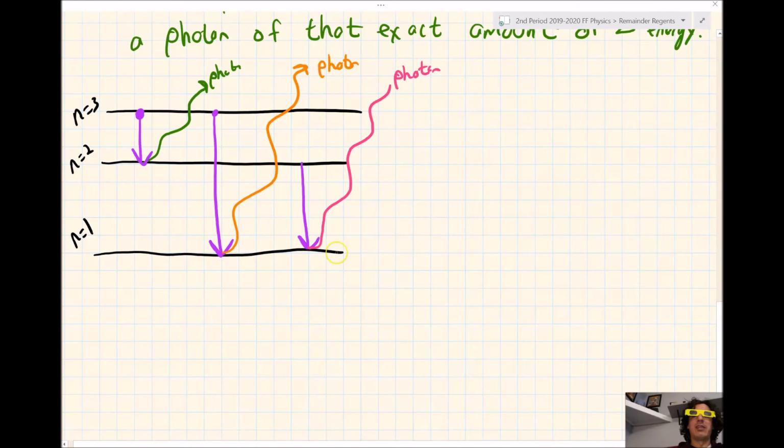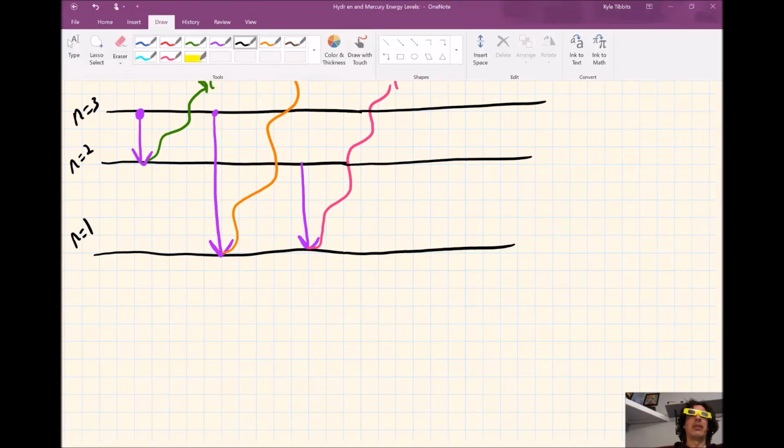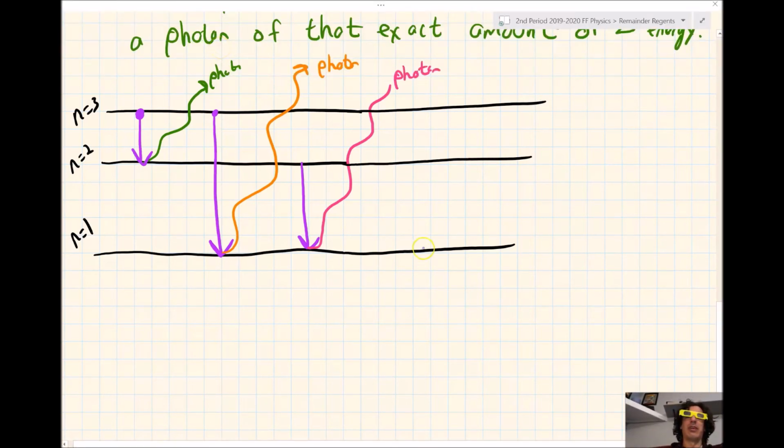Now, when we looked at the picture of my fluorescent light, what happens is once we turn on the electricity, so we flip the switch, an electron is going to go from one state, let's just say n equals 1, and then it'll go up to n equals 3. That electricity gave it energy.